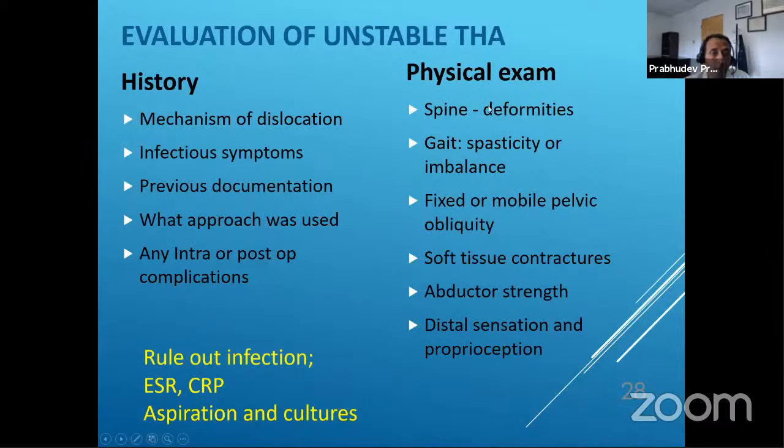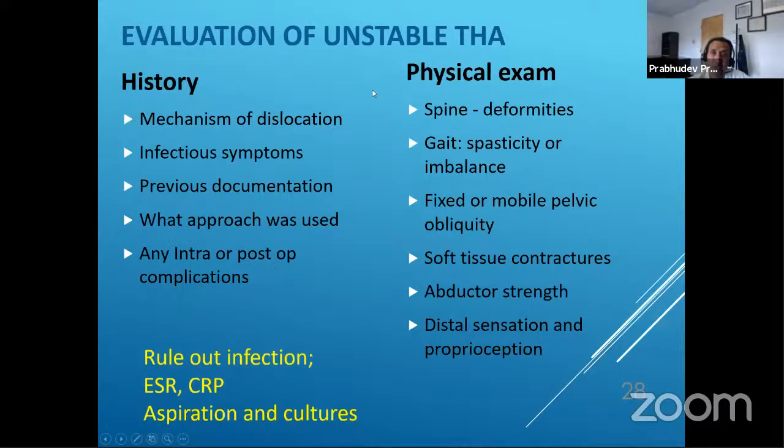How do we now evaluate an unstable total hip arthroplasty? Again, history and physical exam are very important. The history should give us good information regarding mechanism of dislocation, any symptoms of infection. We should evaluate all the previous documentation, what approach was used, any intra and postoperative complications.